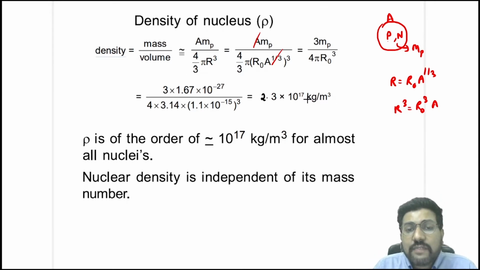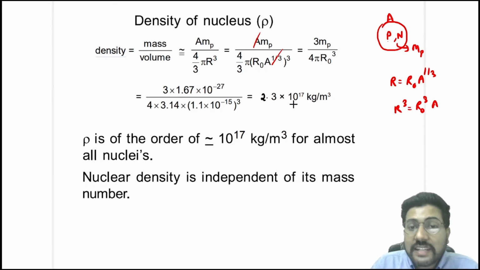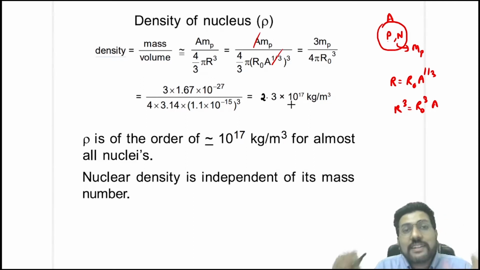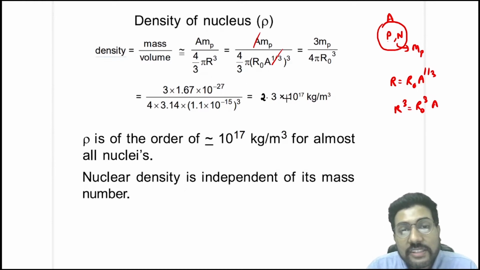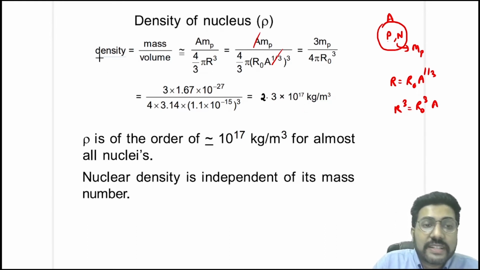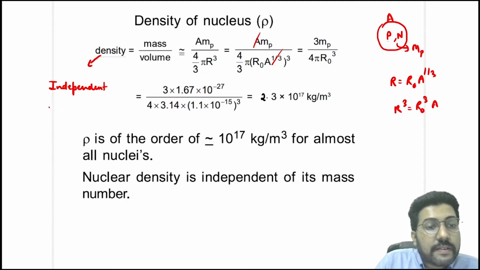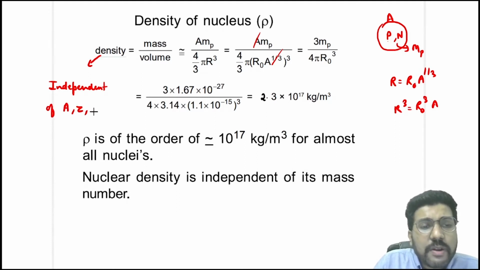Now you can see from this value that the density of the nucleus is very high. If you have 1 meter cube of nucleus, the mass will be a staggering 2.3 × 10^17 kg. Again I'm telling you, the density of a nucleus is independent of mass number, proton number or neutron number, anything.